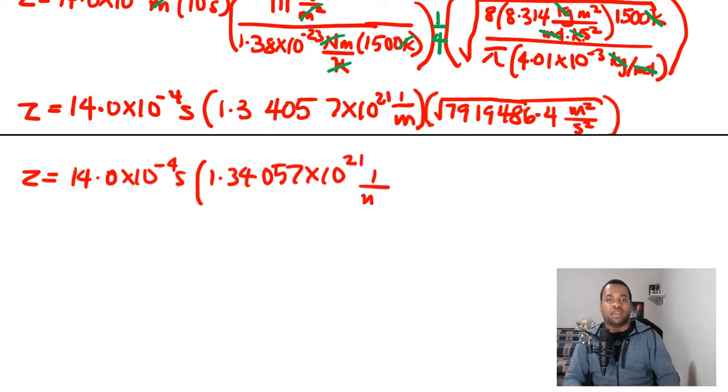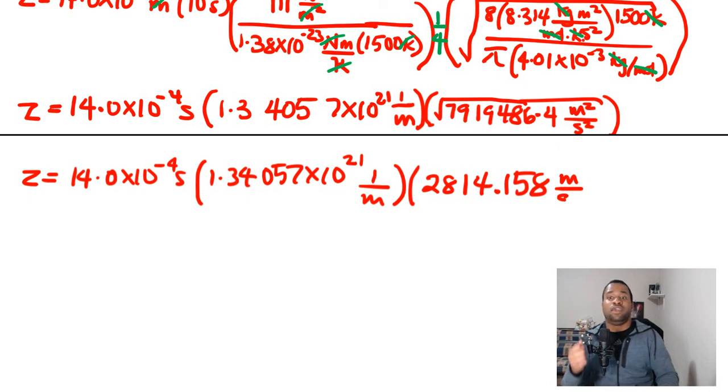Take note that this is in 1/meter, and then our square root is, in this case, going to be giving our constant to be, I think it's, 0.158, and we have our meter squared to become meter over our second squared to be seconds.